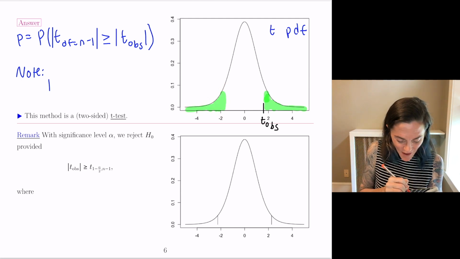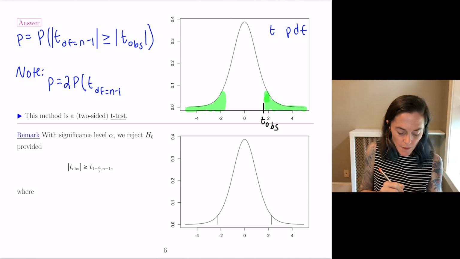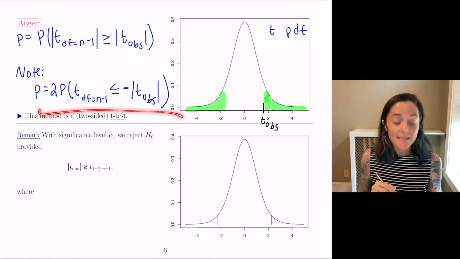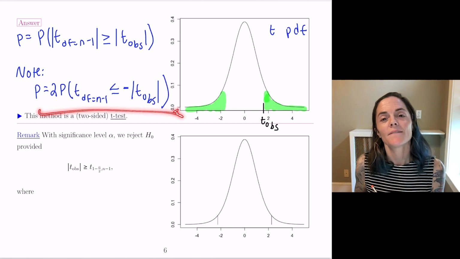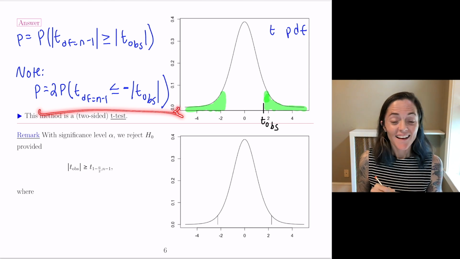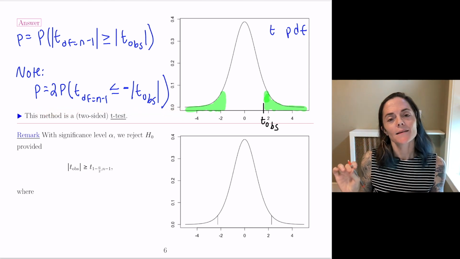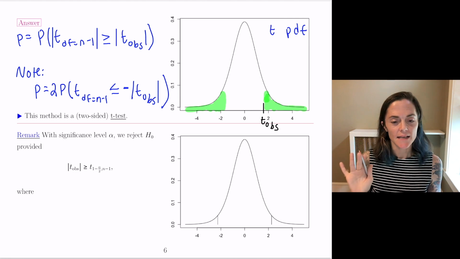So my p-value is 2 times the probability that t with n minus 1 degrees of freedom is less than or equal to negative the absolute value of this observed t-statistic. This is really thinking about a cumulative distribution function. All right, this method is called a two-sided t-test.